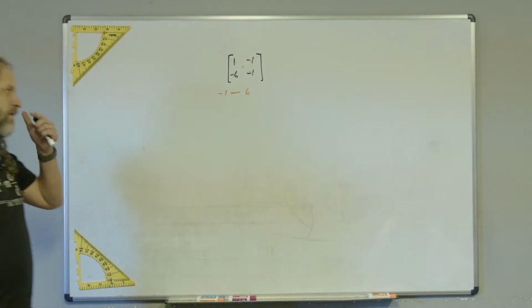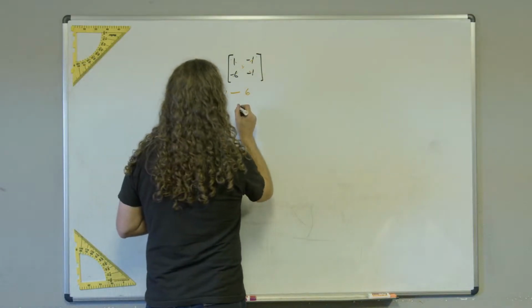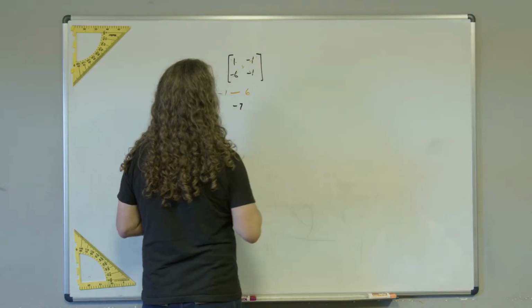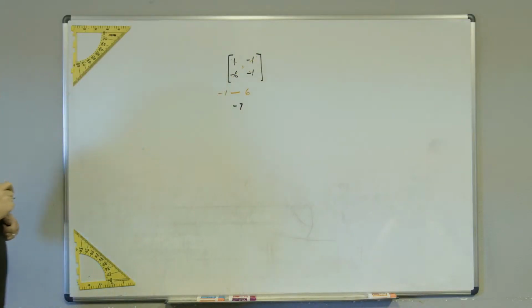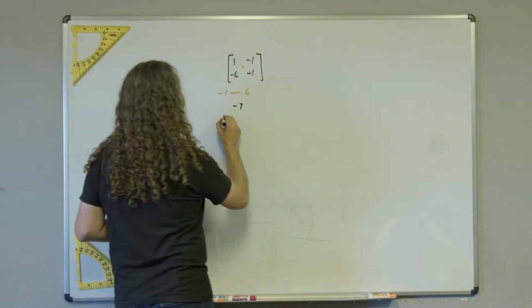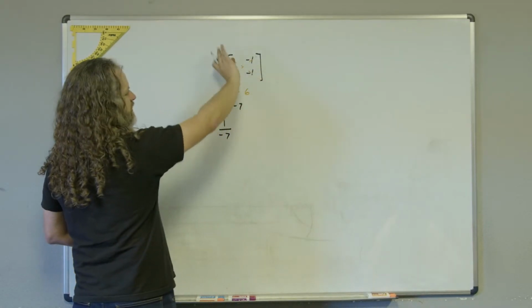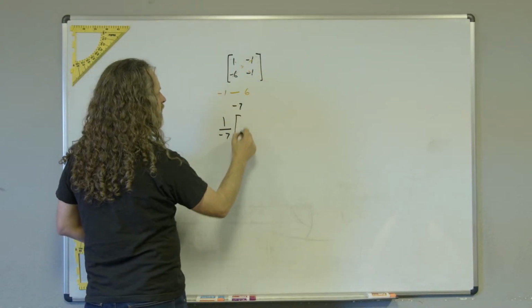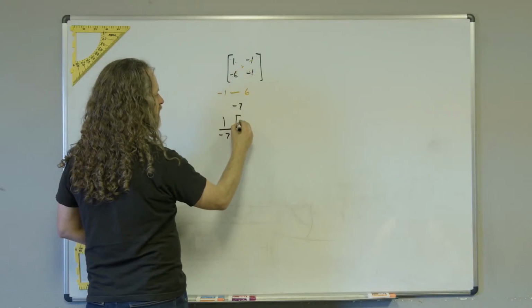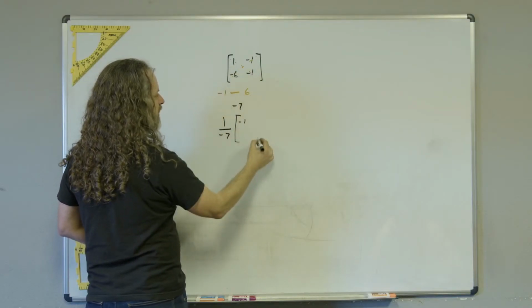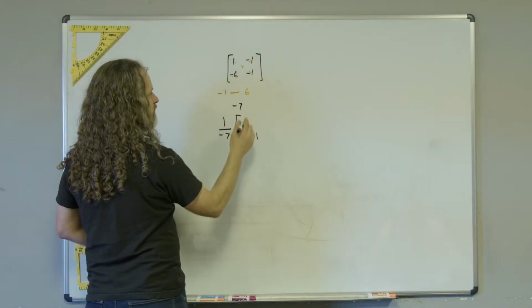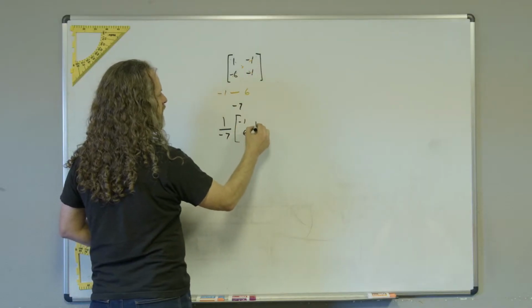So, -1 minus 6 is -7. One over -7. And we take the down diagonal and we switch the order, right? So this -1 goes here. And this 1 goes here. And these we switch the signs, so they become both positive, 6 and then +1.